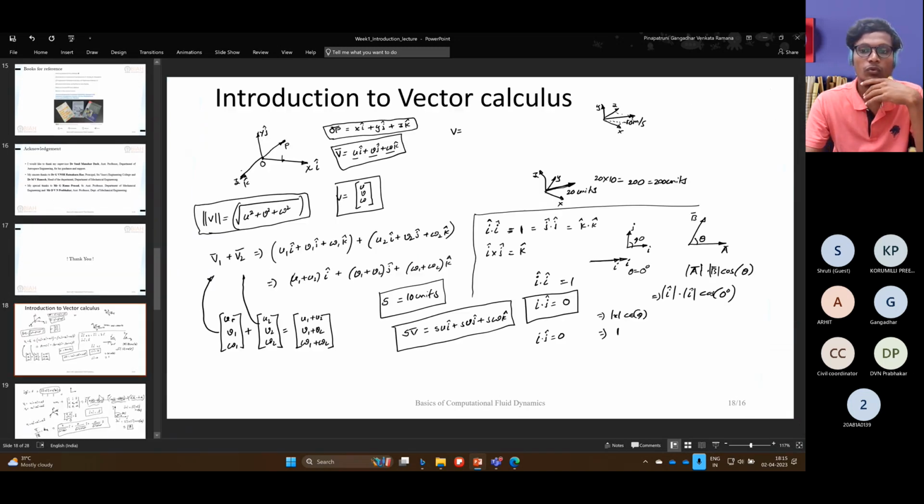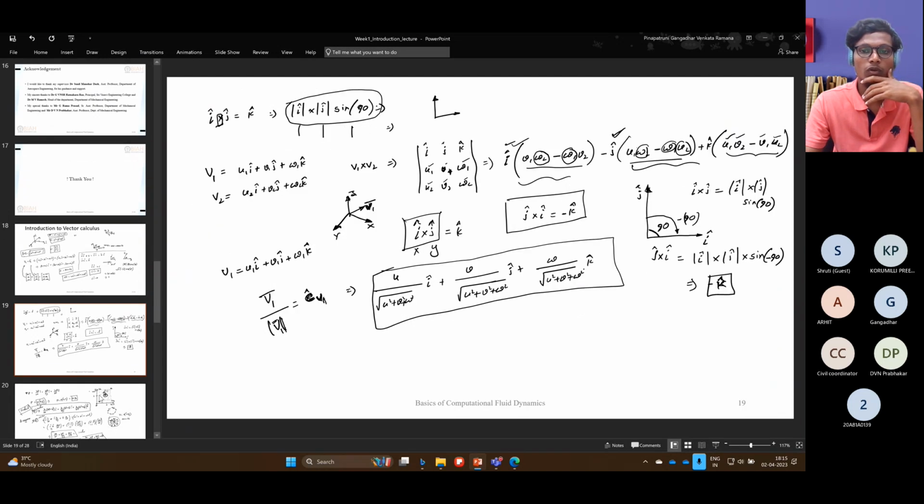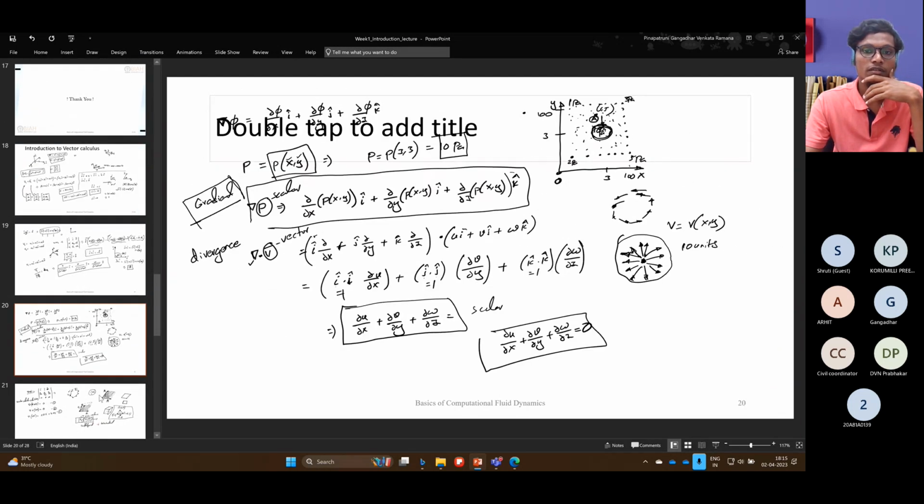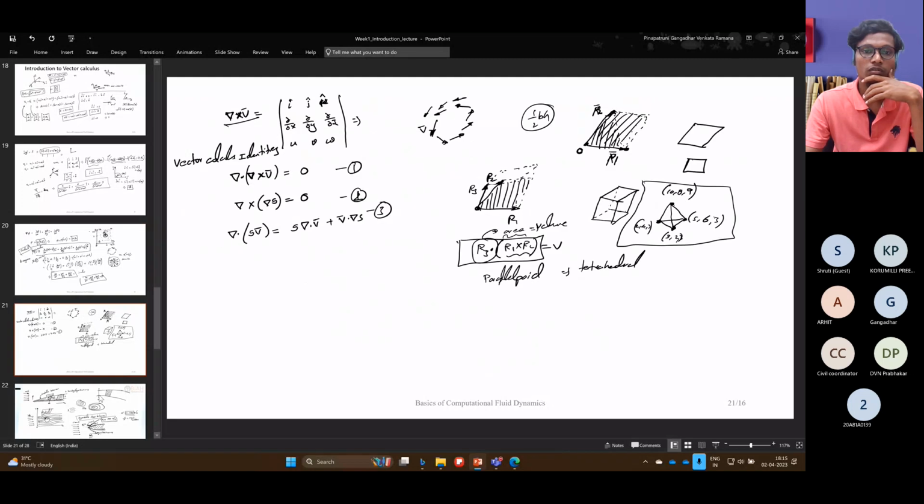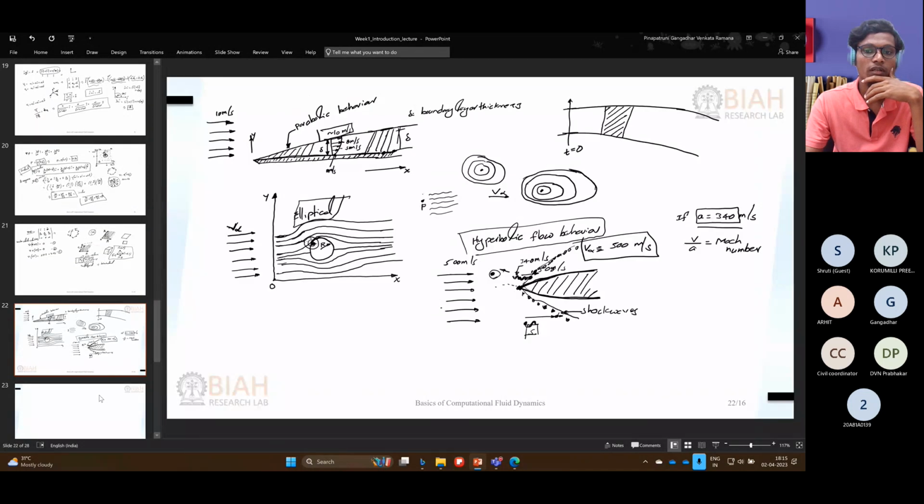A few classes are already covered on vector calculus, and the important properties of vectors are already discussed. Then some concepts on how to classify partial differential equations, and how these classifications are helpful for our fluid mechanics problems.